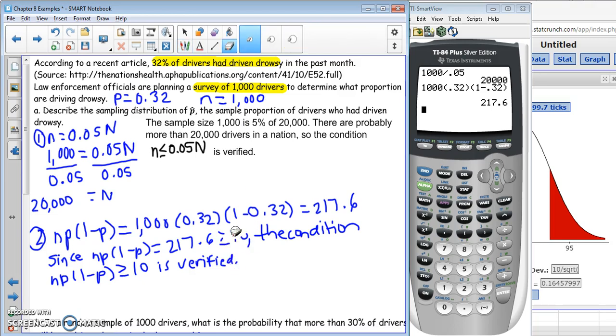I'm just going to erase this. This doesn't look good. Right? So since n times p equals that value, the condition is verified, right? So we've verified normality, right?